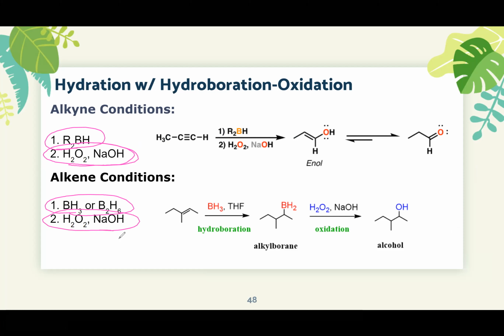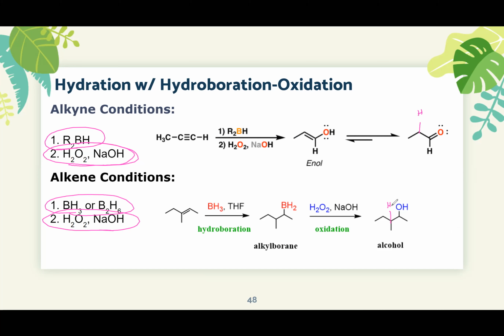We also see that when we look at the products, we're adding a hydrogen to the most substituted carbon and an oxygen to the least substituted carbon. So if we're adding a hydrogen to the most substituted and an oxygen to the least substituted, what type of addition is this?